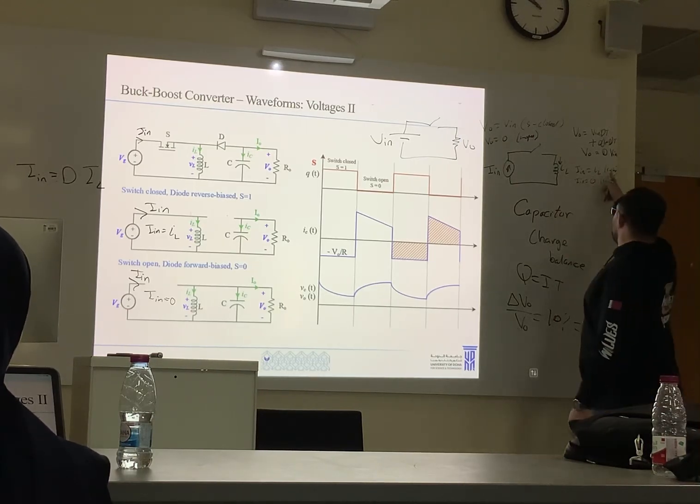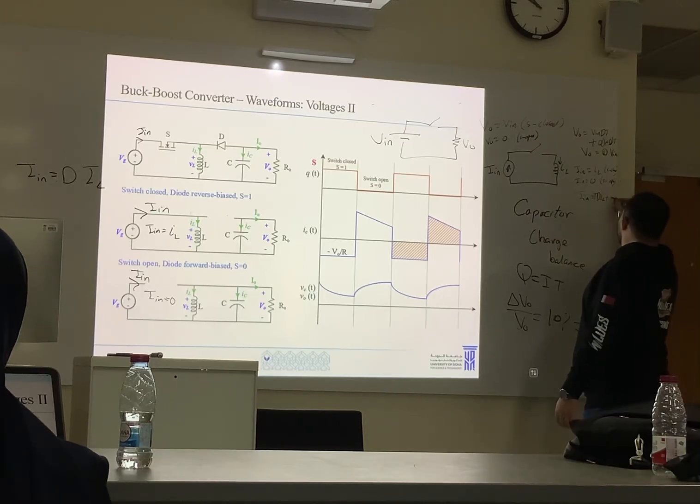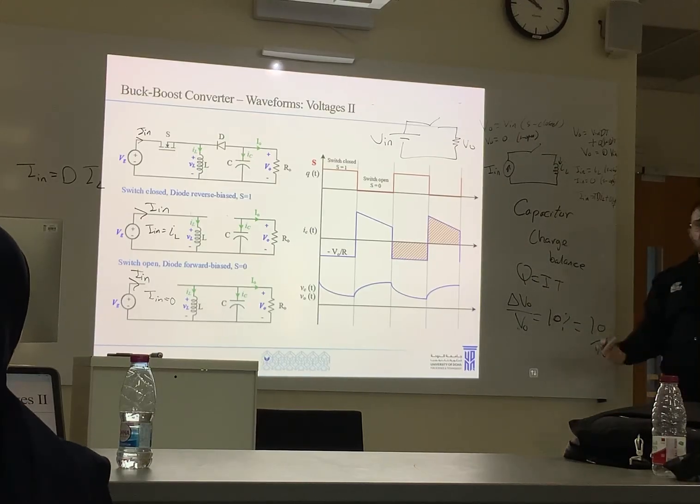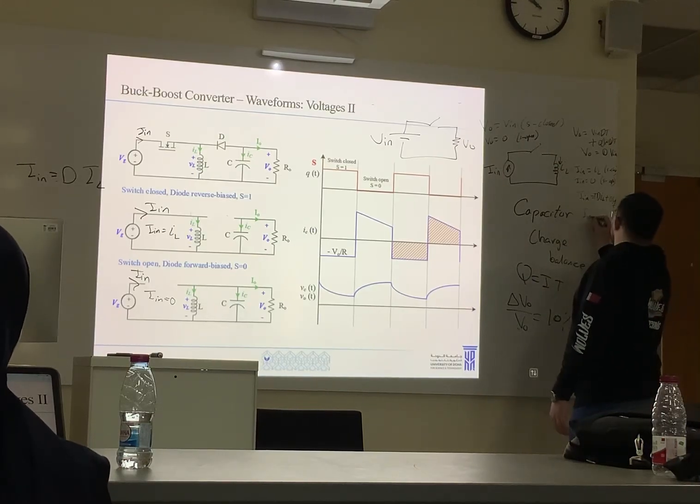In is IL when the switch is closed, and 0 when the switch is open. Therefore, In equals dTIL plus 0 times (1 minus d)T. If I take the average, I have to divide by T. Therefore, I get that In equals dIL.